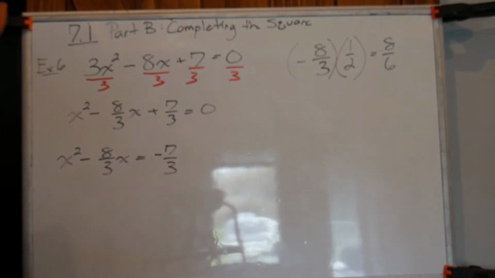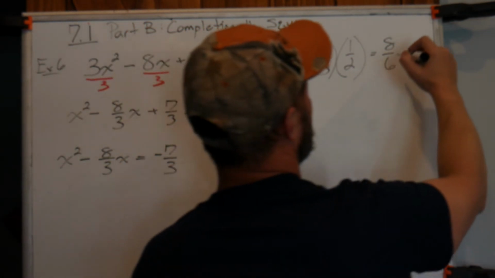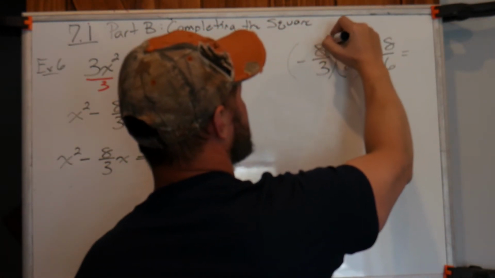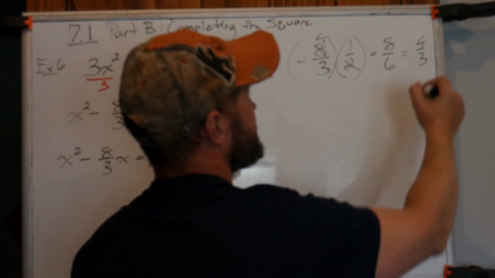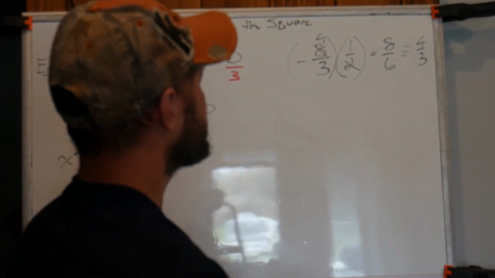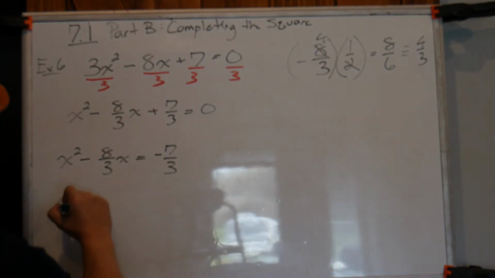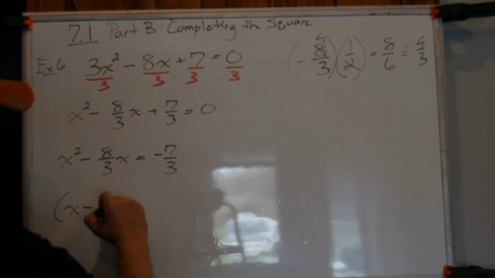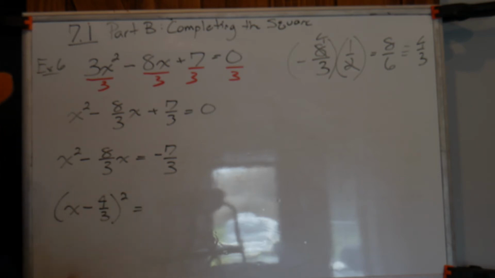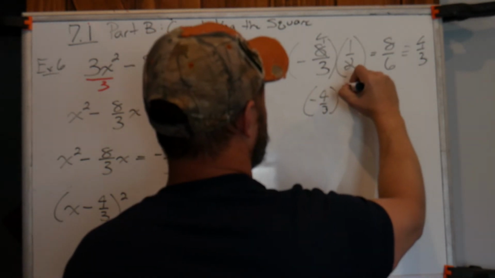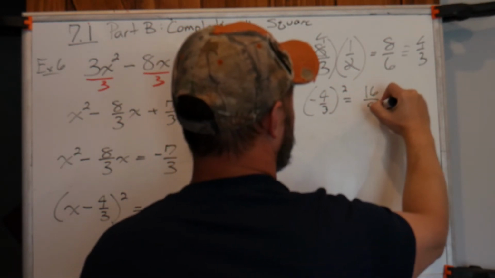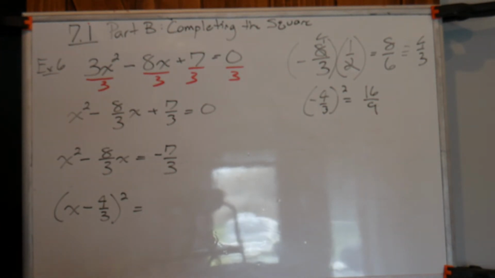It gives me 8/6, or if you cross cancel, 4/3. Negative, obviously. So negative 4/3. So my half is that, negative 4/3. Then I take my negative 4/3 and I square it, and I get 16/9.